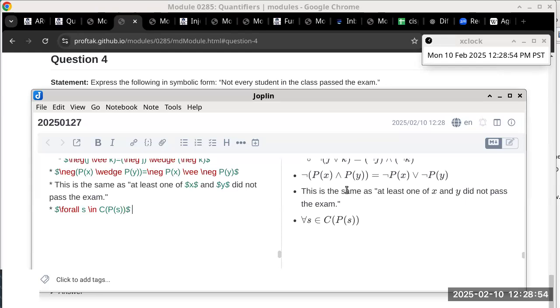This shorthand is the same as this one here, which is for everything in the entire universe, S, with S being in C implies P of S is true. So are you referring to this implication?